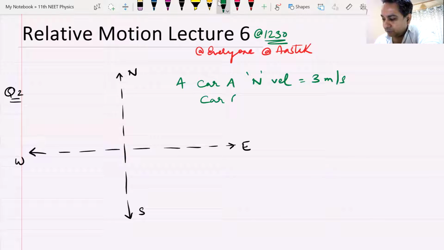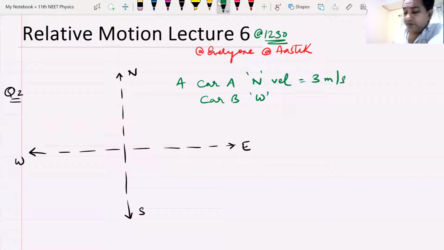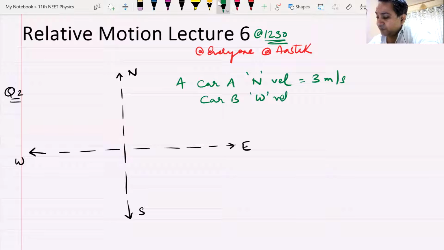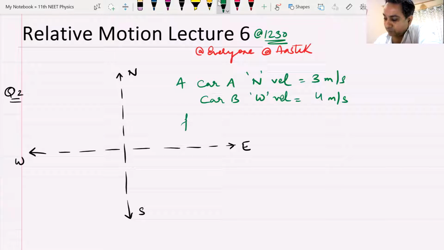Car B is moving towards west, I'm not drawing it so that you have to draw it, with a velocity of 4 meter per second. Find the velocity of A with respect to B and velocity of B with respect to A.